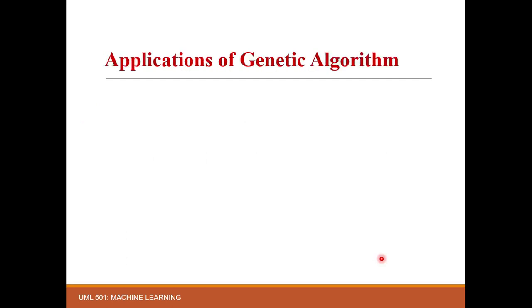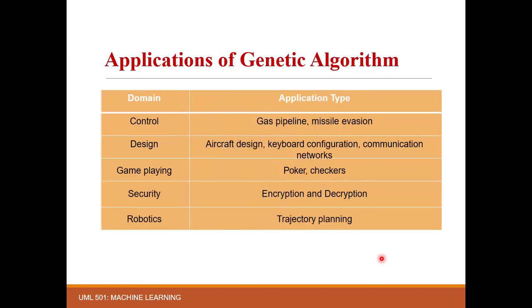Now these are some of the application areas where genetic algorithms are used. Let's discuss them one by one. Suppose in the control domain, it can be used for gas pipelines and missile invasion, that is, to decide at what places I have to place the gas pipeline, because there are a lot of options available and the search space is very big.